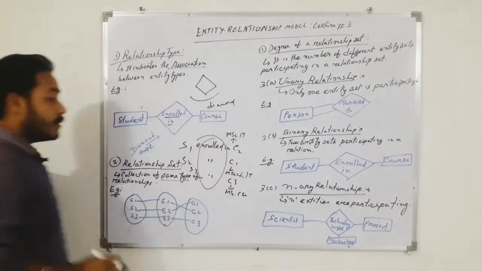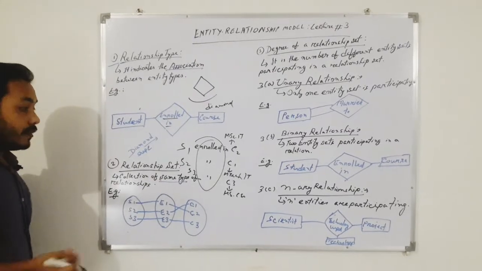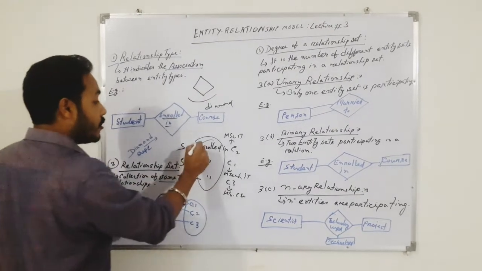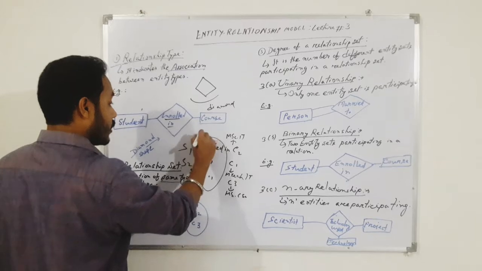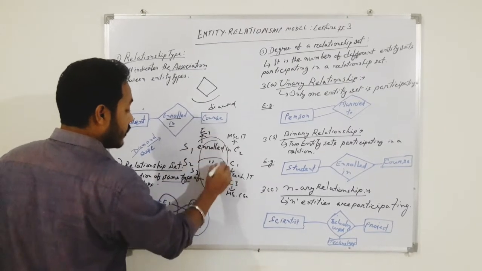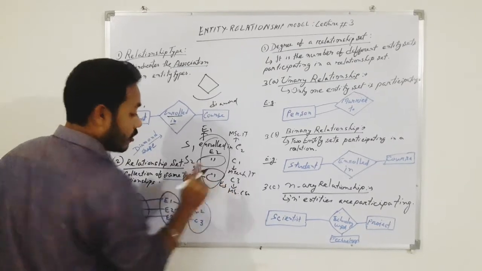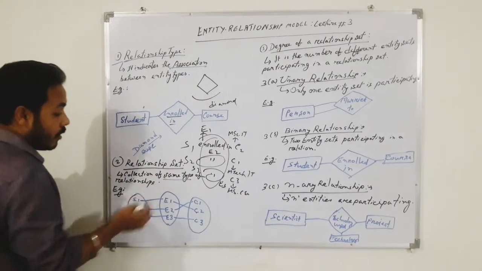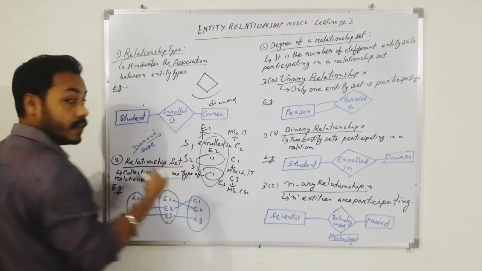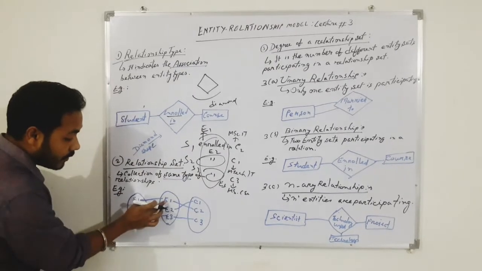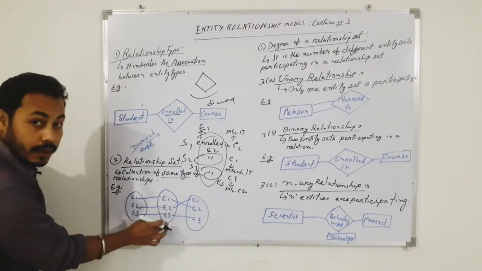This enrolled in, how many times is it repeating? It is 3 times, so 3 different relations. Say this one is E1, this is E2, and this is E3. We got 3 enrollments, or we can say 3 enrolled in relations, so we are representing them as E1, E2, E3.